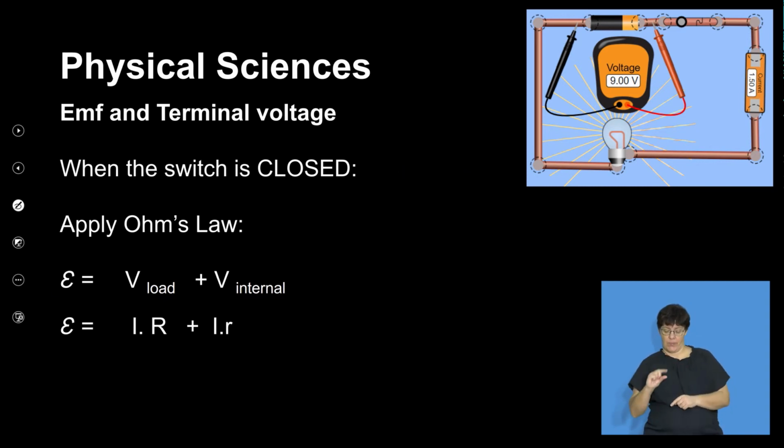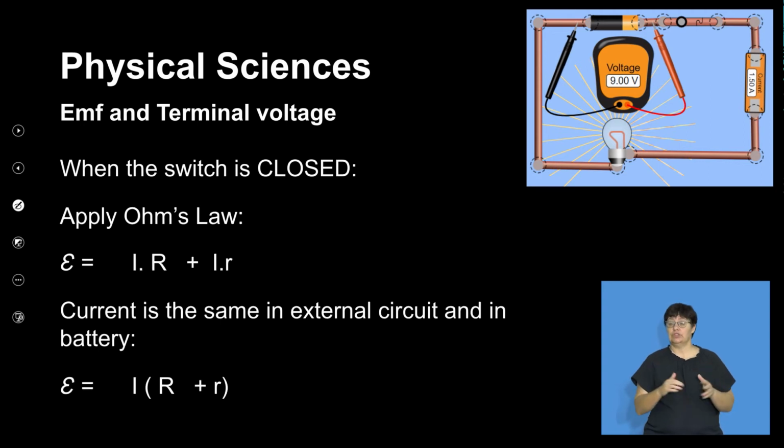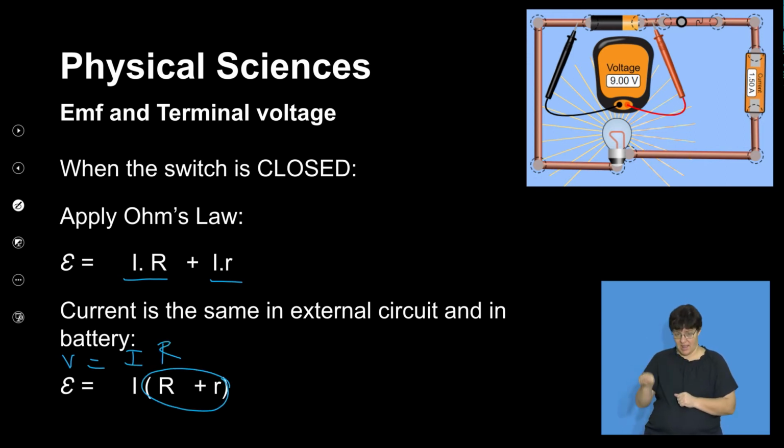Then when we do that, if this is the external voltage and that is the internal voltage, we can say current is the common factor here. We can talk about this in terms of the product of current and resistance. If you look at it, this is like V is equal to I multiplied by R, because that is resistance, this is current, that's voltage.